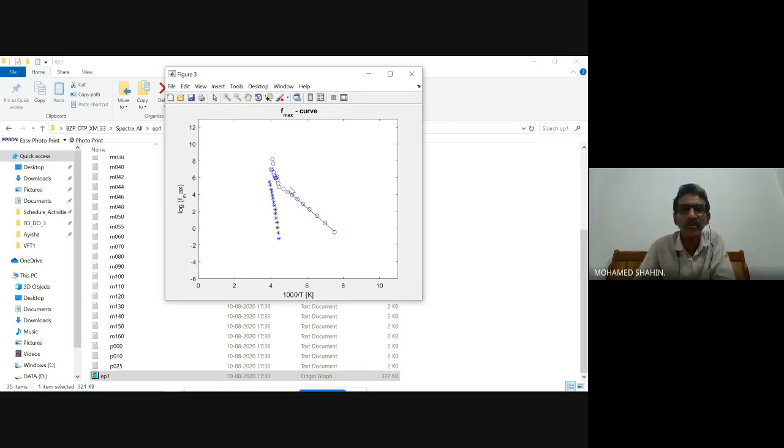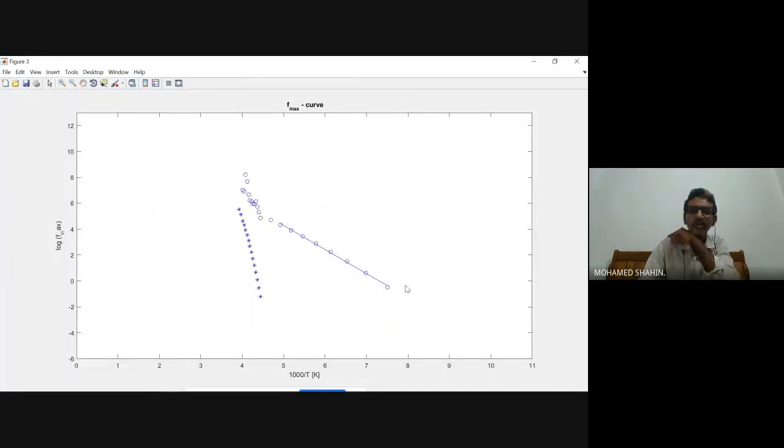For example, if you put this, the error in evaluation of the activation energy would also have more error. So this is the way you have to do it. You can see this is how all the points are going along. Even you can do this as well, but don't take these points.